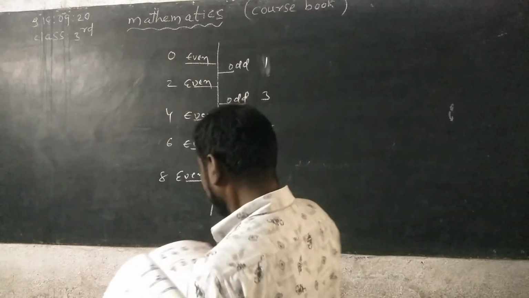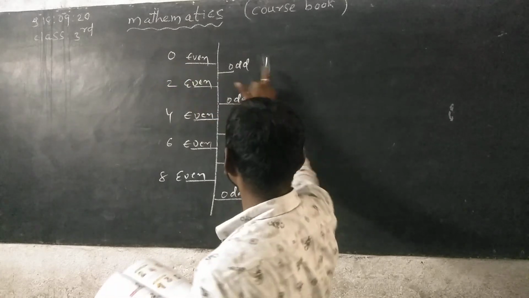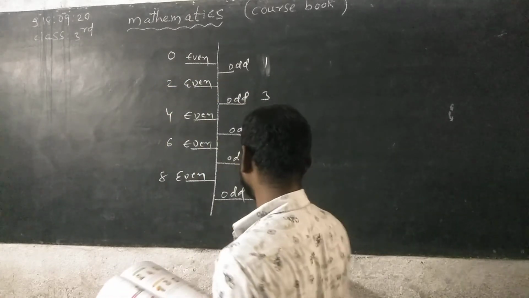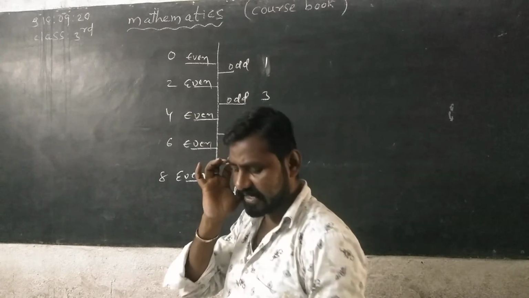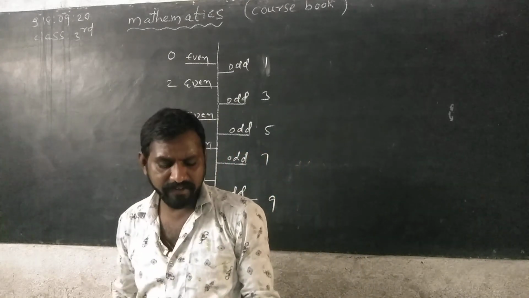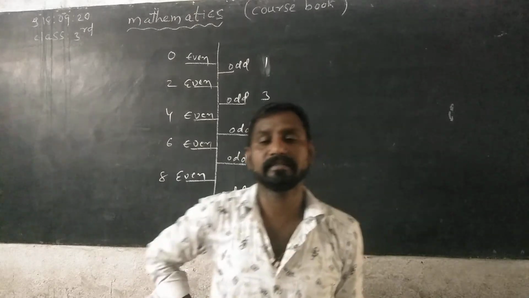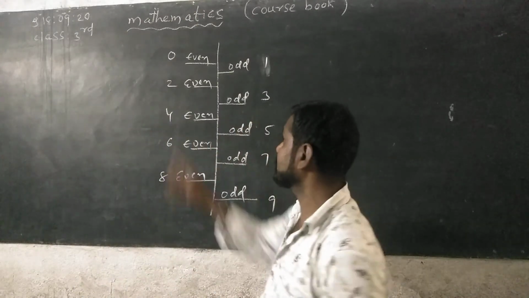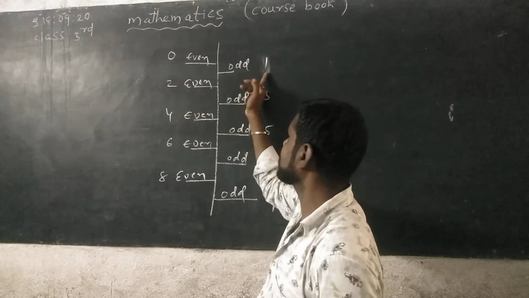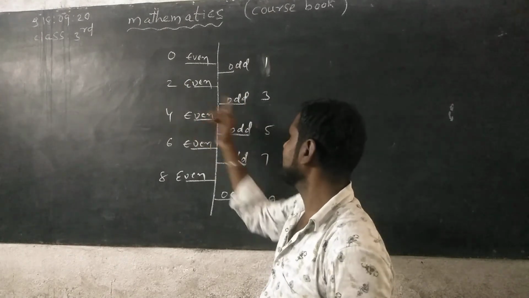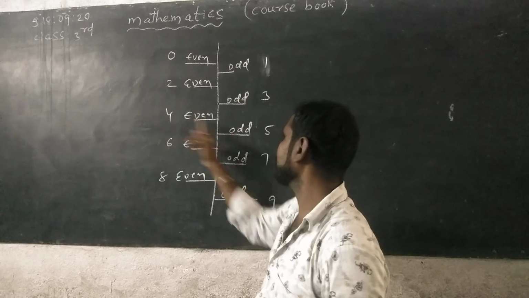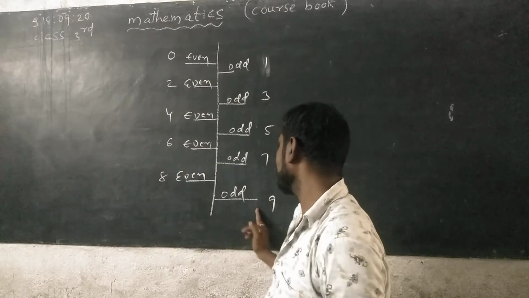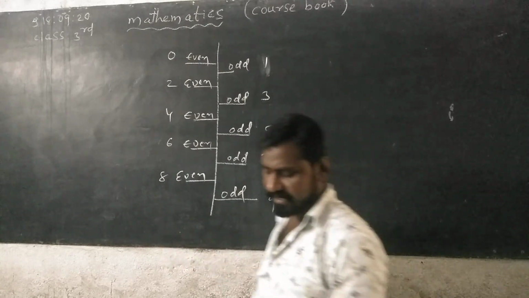See, in the number series 0, 1, 2, 3, 4, 5, 6, 7, 8, 9. In the number series, there will be an even number after every odd number. After every even number, definitely an odd number comes. 0 is even, next 1 is odd, next 2 is even, 3 is odd, 4 is even, 5 is odd, 6 is even, 7 is odd, 8 is even, 9 is odd, next 10 is even, 11 is odd.